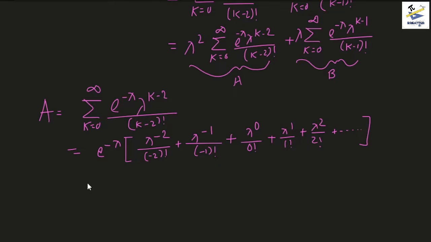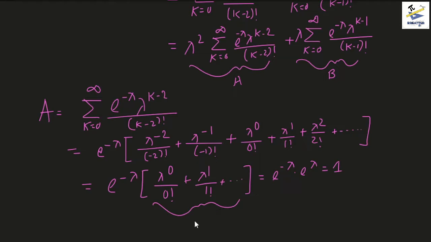And this would just turn out to be e to the power minus lambda into lambda to the power 0 by 0 factorial plus lambda to the power 1 by 1 factorial, and so on. And this would just give you e to the power minus lambda into e to the power lambda, which is 1, because this series is e to the power lambda, right? Because it's the Taylor expansion of e to the power x at the point 0.